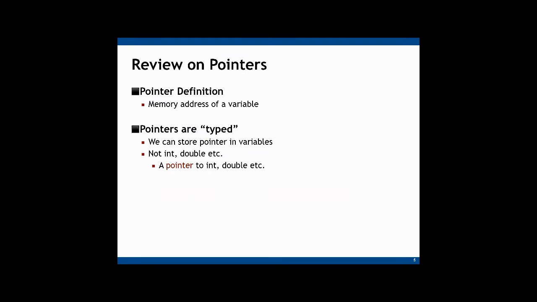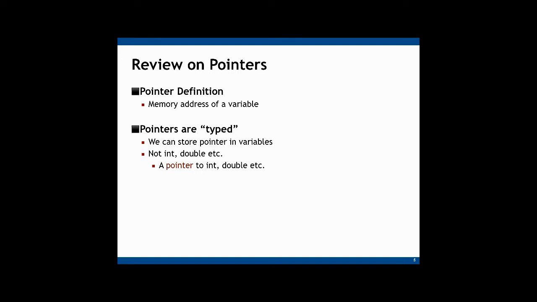A pointer is the memory address of a variable. A pointer gives you more low-level control of the computer memory, which is very powerful, and that is the reason why we use C and C++ in embedded systems. And unlike other primitive data types, a pointer variable stores the address of memory.